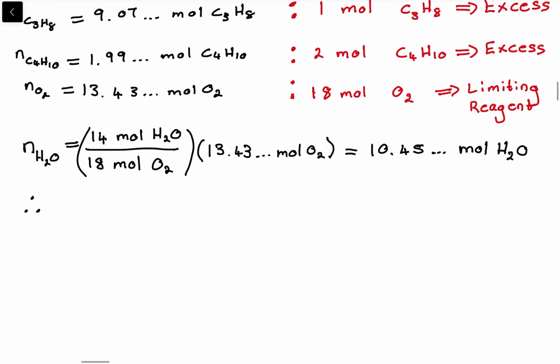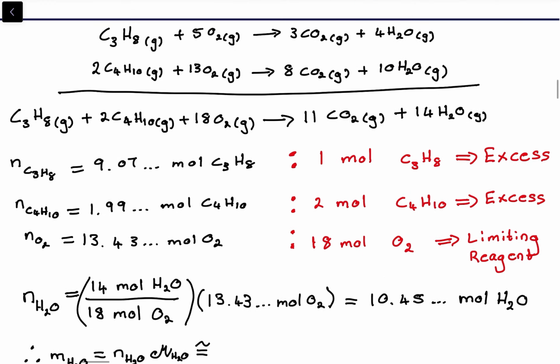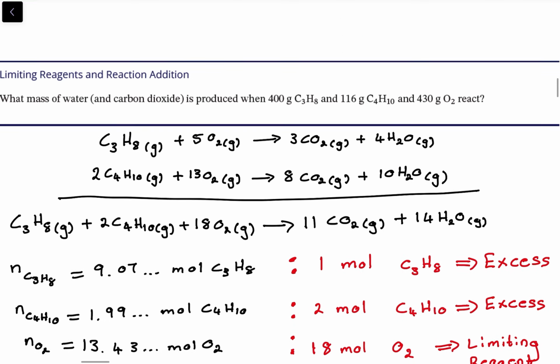And this means that the mass of water that forms is going to be equal to the number of moles of water multiplied by the molar mass of water. Molar mass of water is 18.015, and that's roughly rounded to 3 significant figures, 400, 116.